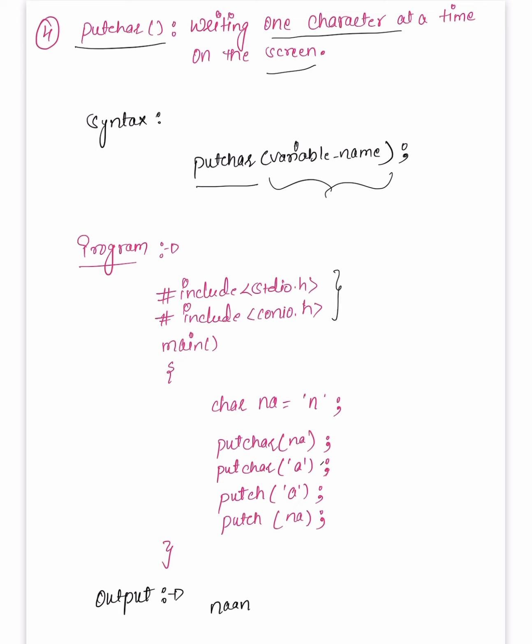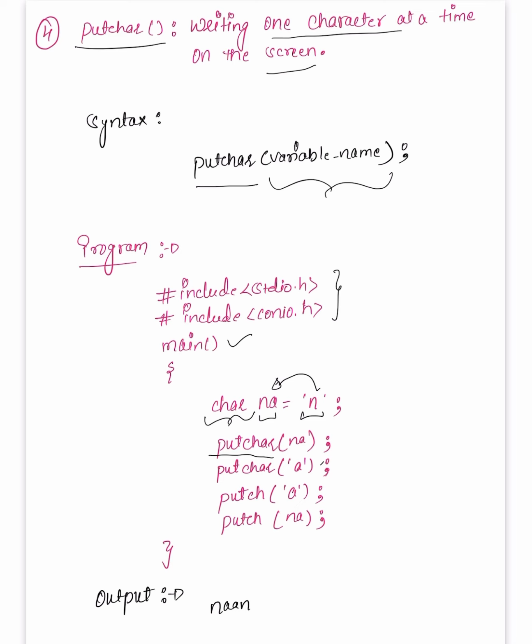Firstly, the header files will be defined. Next, the main function will be started. After that, with the help of the char data type, we declared a variable ch, and the character n is assigned to the variable. Then the putchar function will be used for displaying the character on the screen.